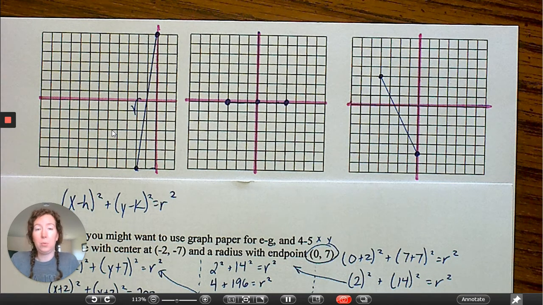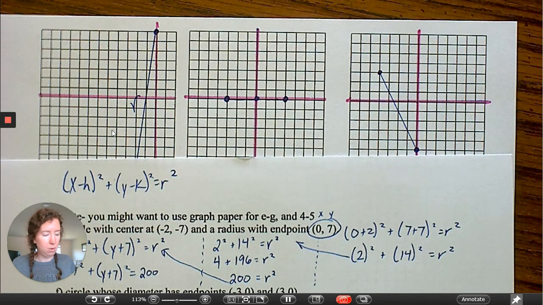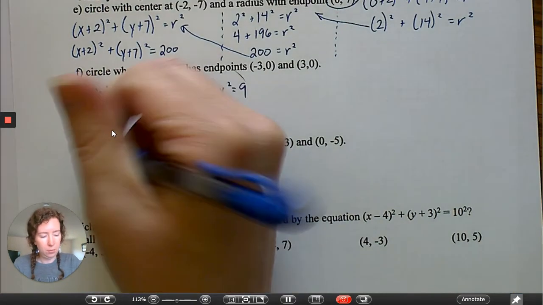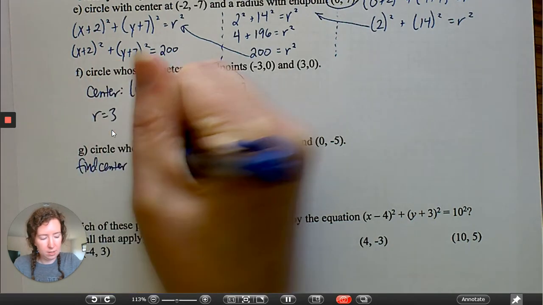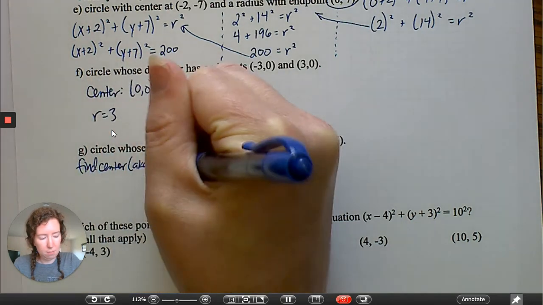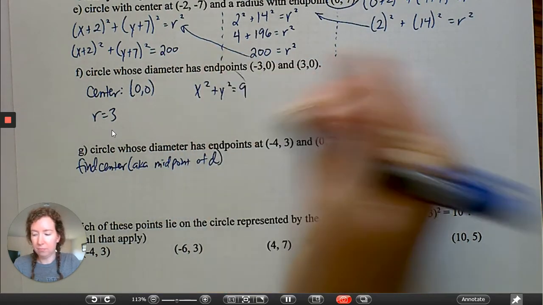A few chapters ago, we learned how to find the midpoint of a segment. We wrote the formula down in our toolkit. So if you want to flip back in your toolkit now to find that equation, it's essentially just averaging the two coordinates together. So we want to find our center, aka the midpoint of our diameter.